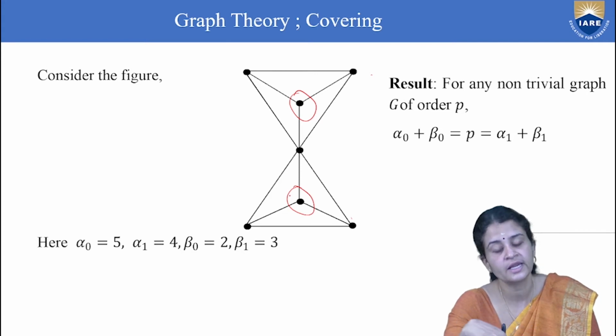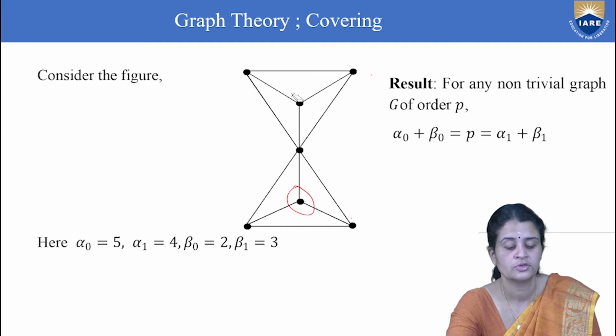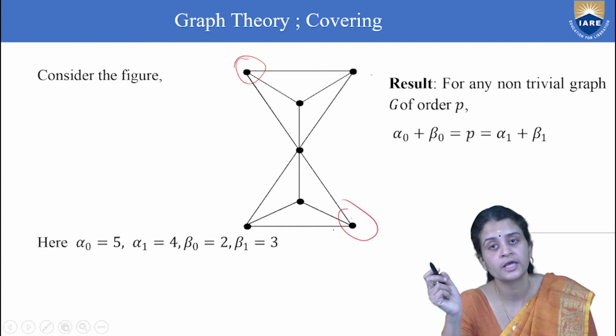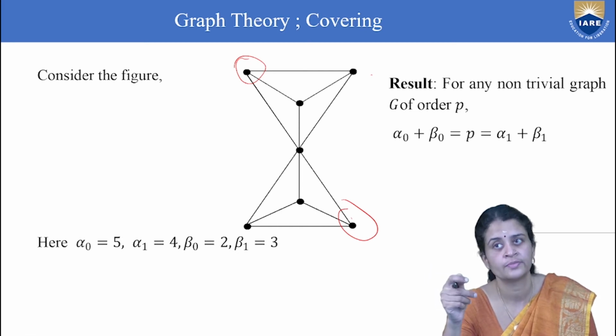Can I take anything else? No. So this beta 0 is 2. If I am taking this also, it's okay. It is adjacent to all these 4, and I can take anything like this here or here, whatever it may be. It may be beta 0 equal to 2. And similarly, beta 1 equal to 3.